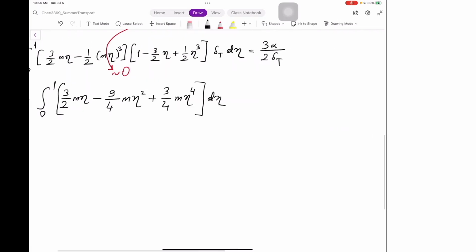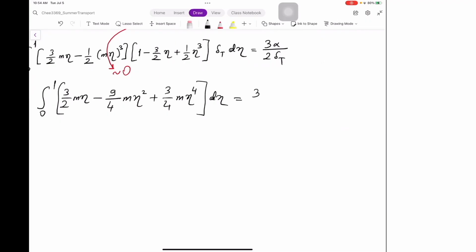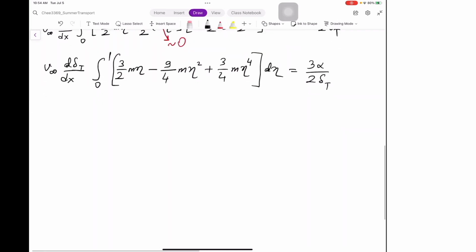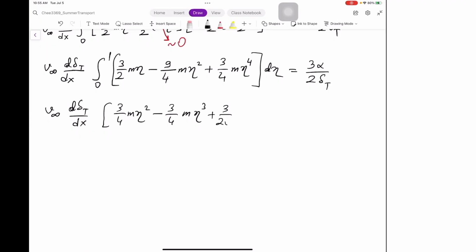That's equal to 3 alpha over 2 delta t. And you get V infinity d delta t over dx: 3 over 4 m eta squared minus 3 over 4 m eta to the power 3 plus 3 over 20 m eta to the 5.